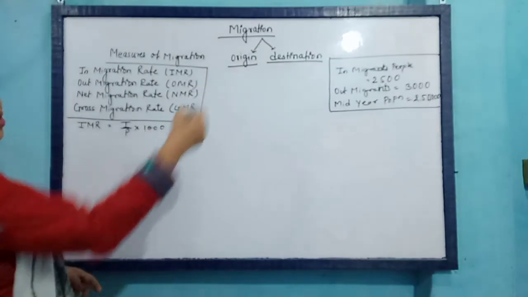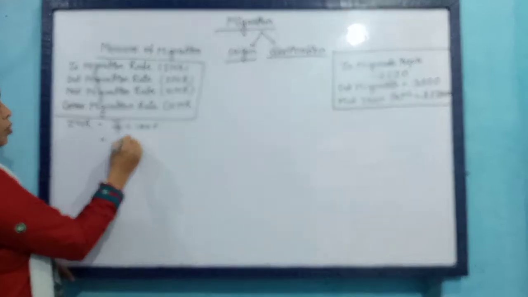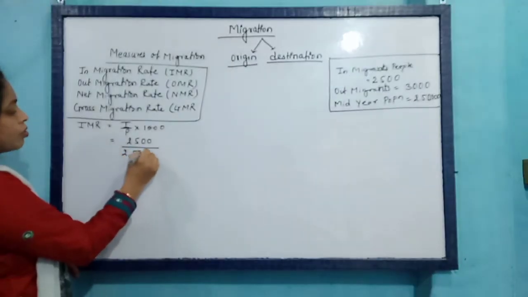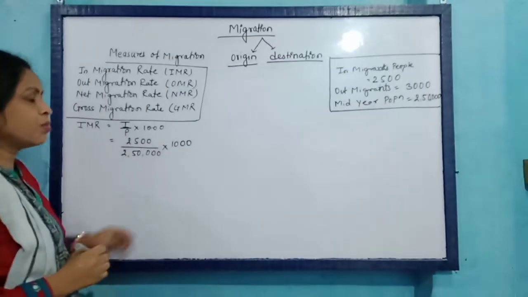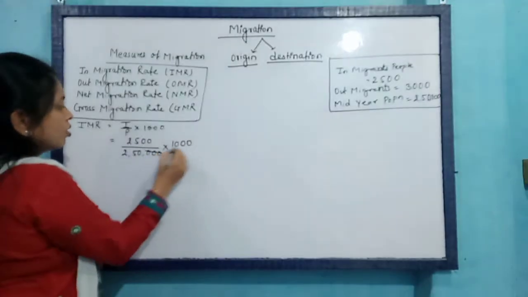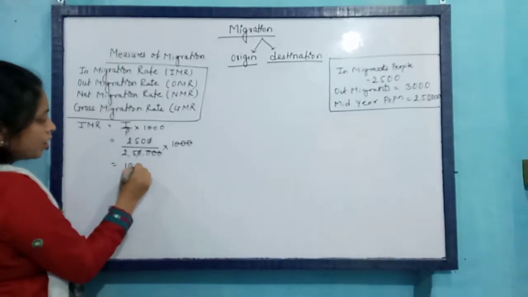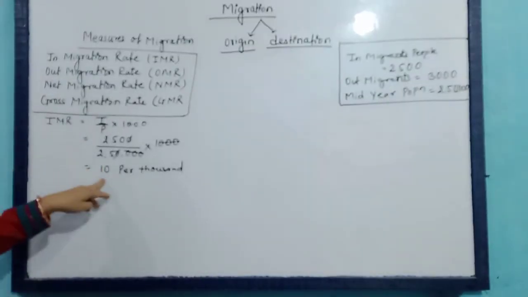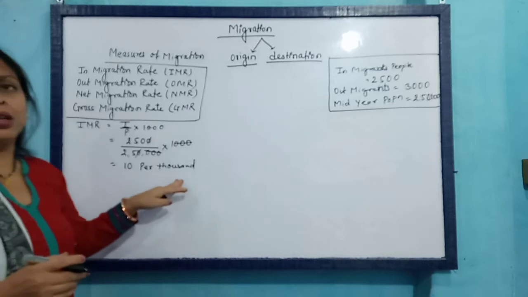From the given data we put the values: I is equal to 2500, P is equal to 2,50,000, and 1000 is a constant, because we have to find out per thousand. Now we do the mathematical process, and at last it is 10 per thousand. So the in migration rate is 10 per thousand. It means in 1000 people, 10 people migrate in.